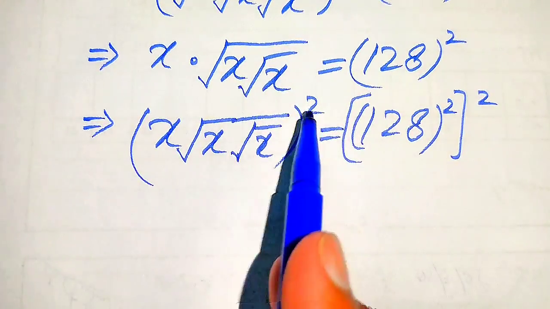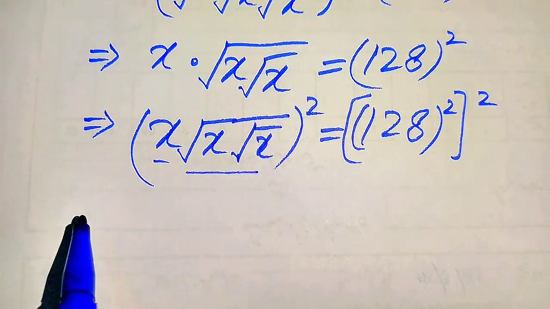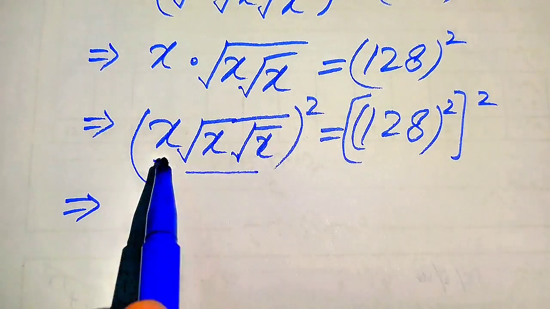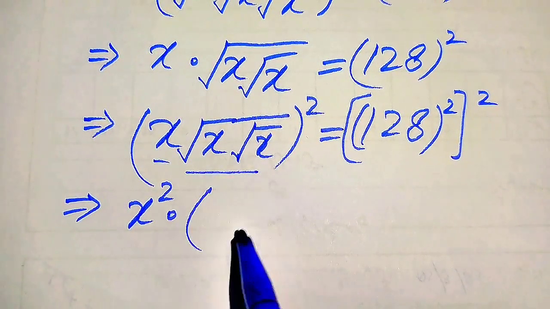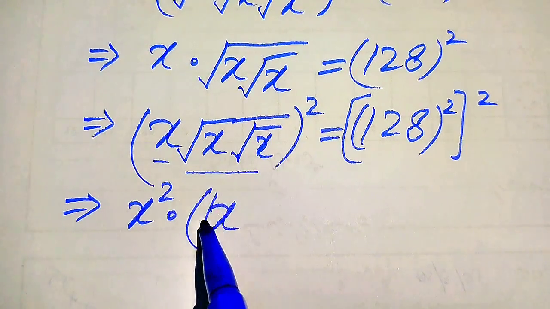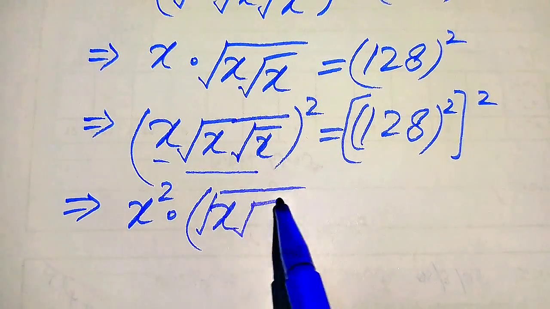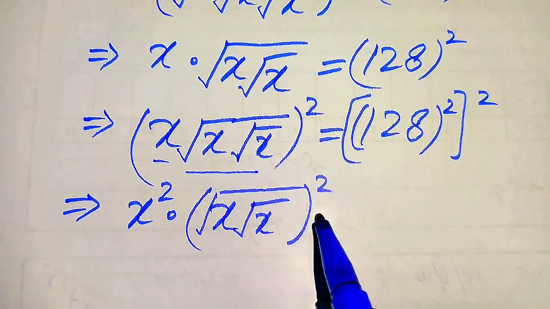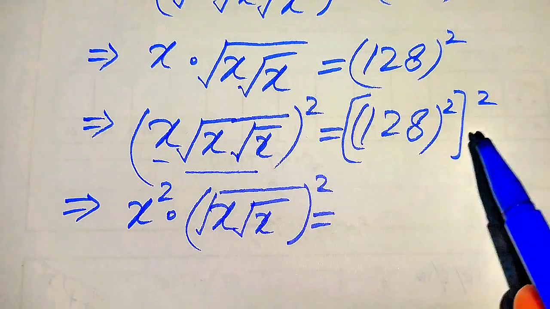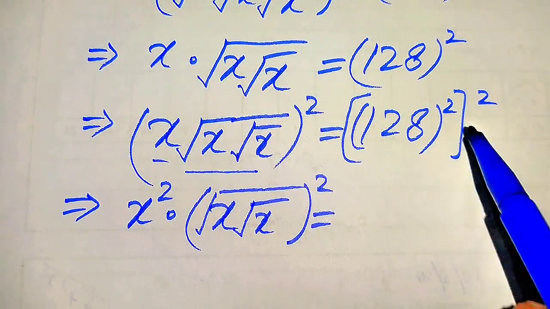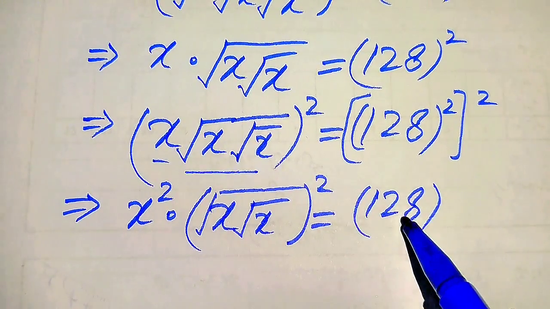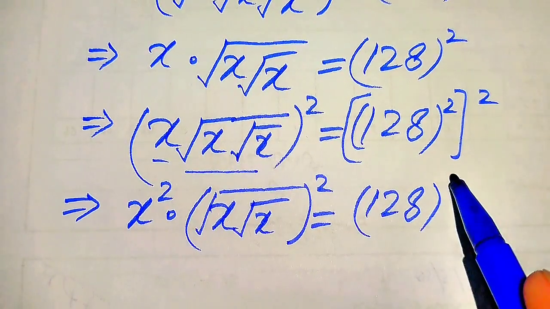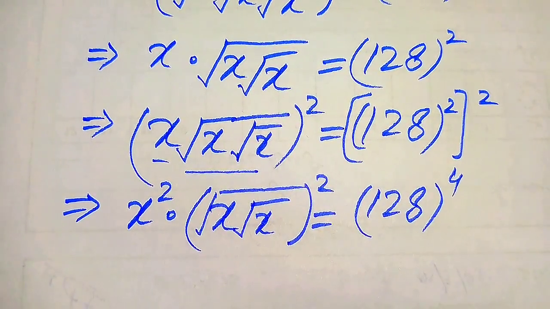So we apply this square on this term and this complete term, so we can apply it separately on both of these values. It will be written as x square into square root of x into square root of x and its whole square is equal to, here we apply the exponent law, and these two exponents are multiplied by each other, and it will be written as 128, and 2 times 2 becomes 4.